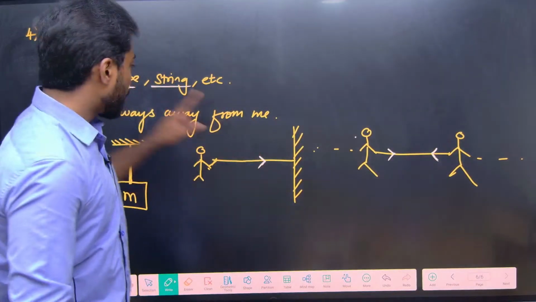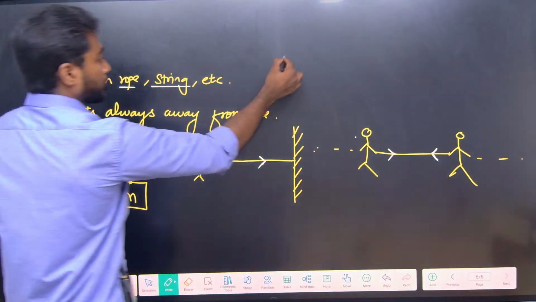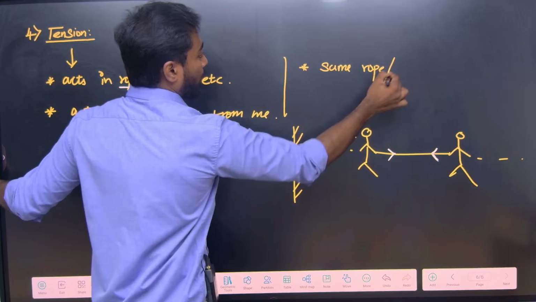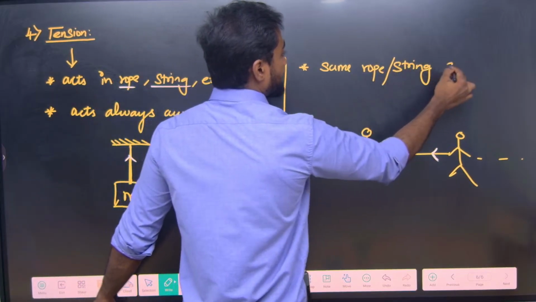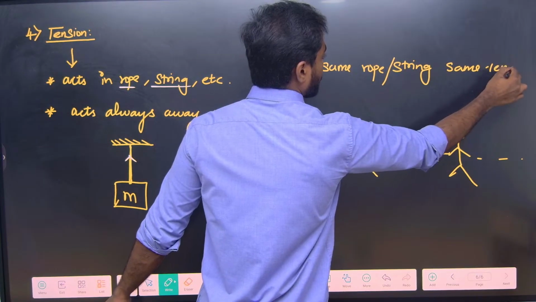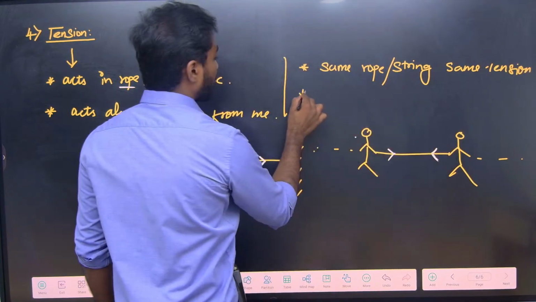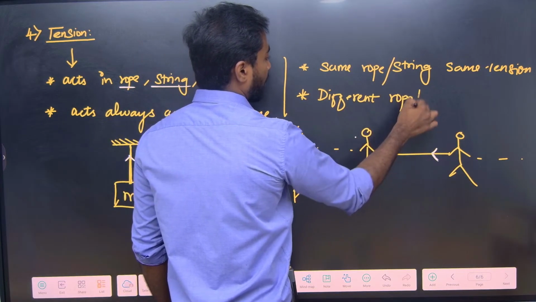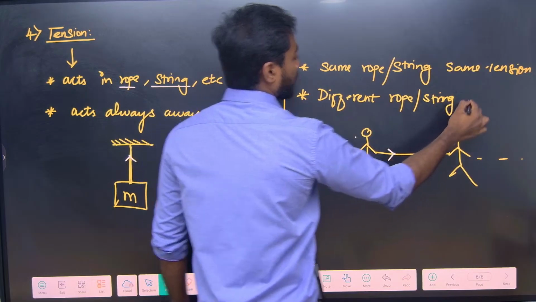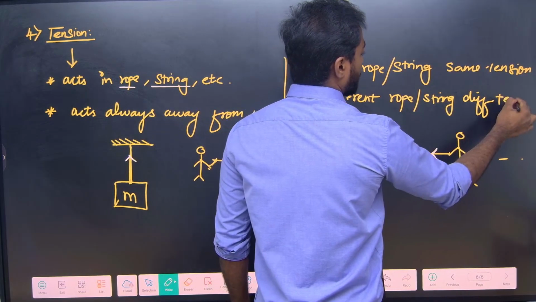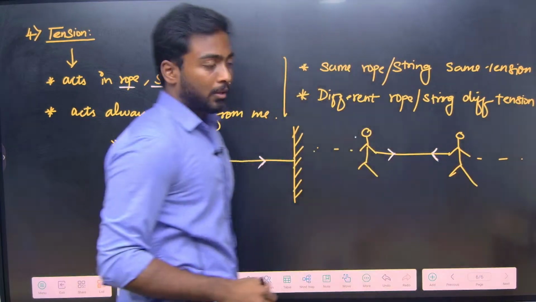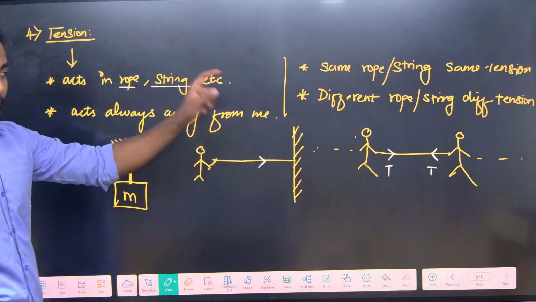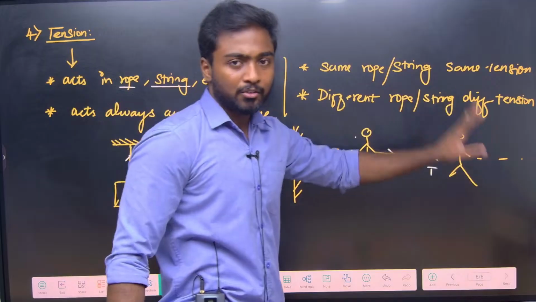But you need to know the point: same rope or string, same tension. Different rope or string, different tension. So if it is acting T here, here also T, same rope. Since it is the same rope, if it is acting T, this side also T only.